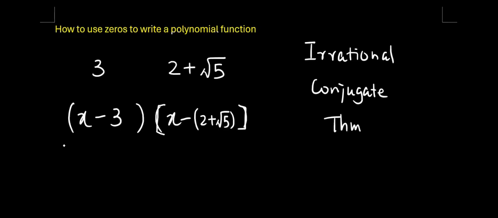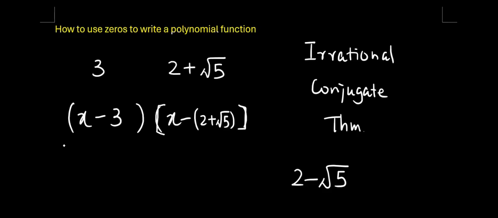It says that if we have one root that is 2 plus square root of 5, we must have its conjugate, that is 2 minus square root of 5, as another zero.